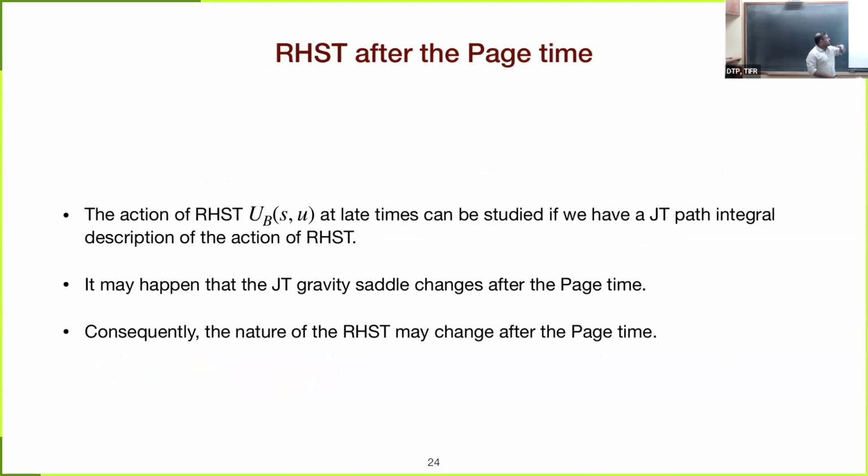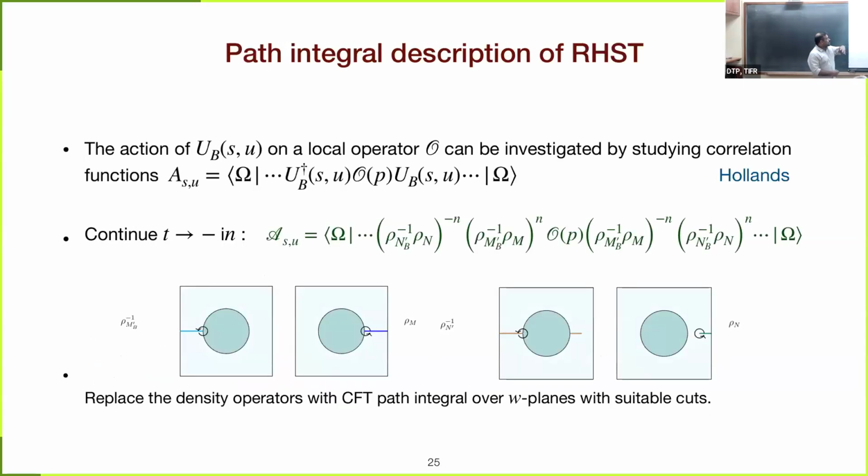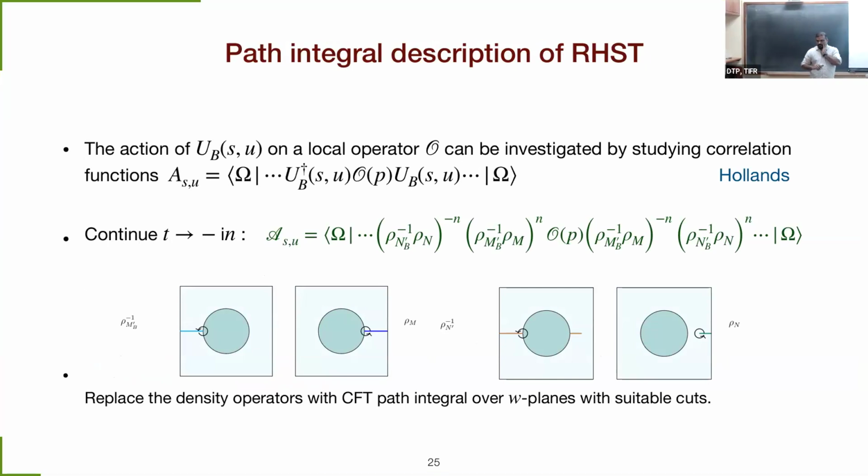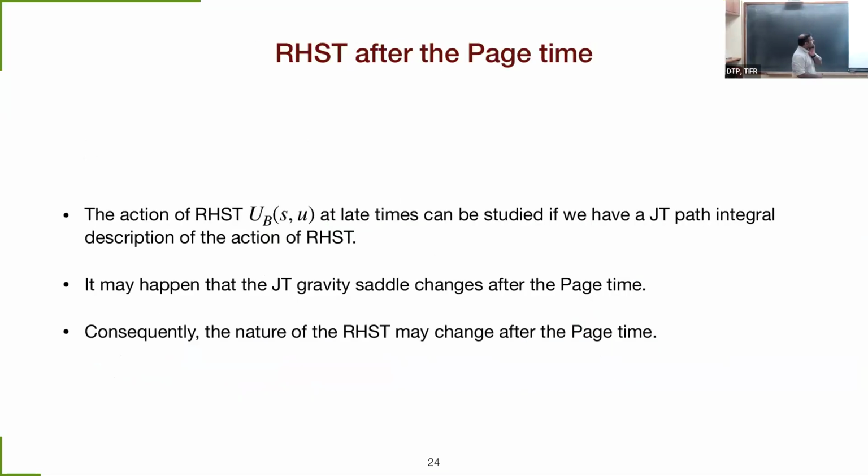And then I ask whether the description that we have in the booking saddle, or the one that we are talking about, is a saddle point approximation of the full JT path integral. Okay, so one assumption is that this operation exists in the full gravity and has a path integral description. That's an assumption. And whatever I have, let's say I missed something. So I will come to that one.